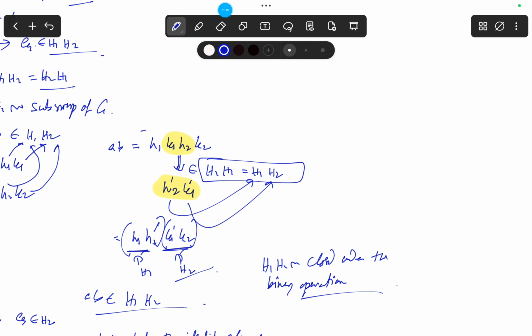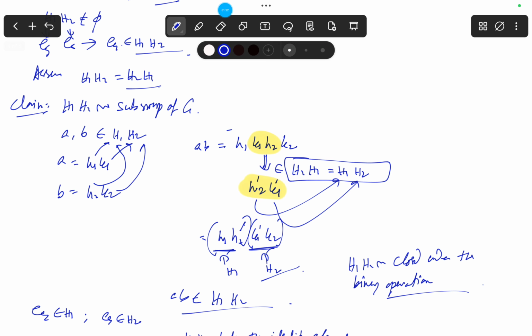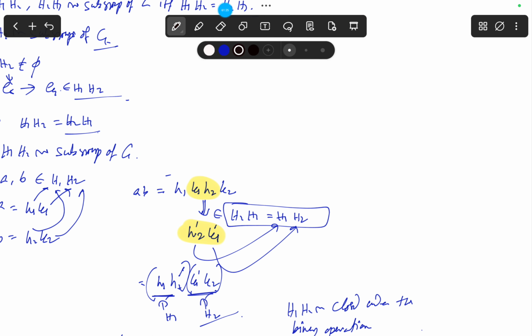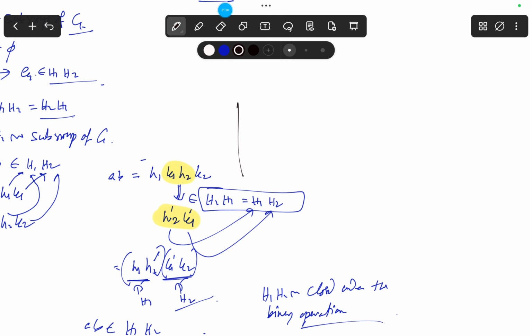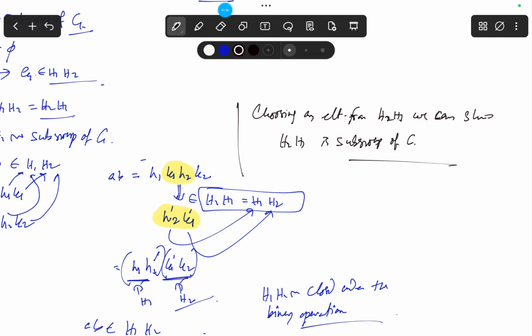Similarly, with the same process, for the forward direction, choosing any element from H2 times H1, we can show that H2 H1 is a subgroup of G, okay, by the same procedure.